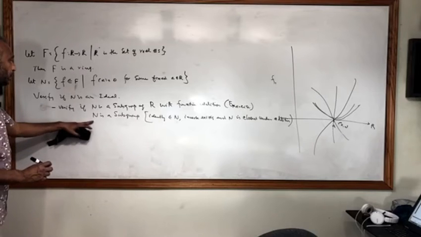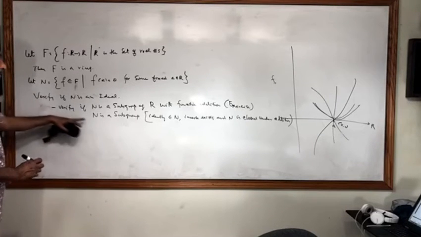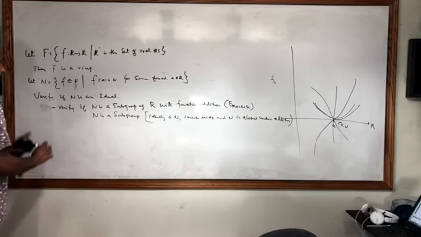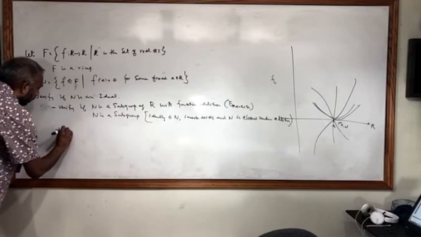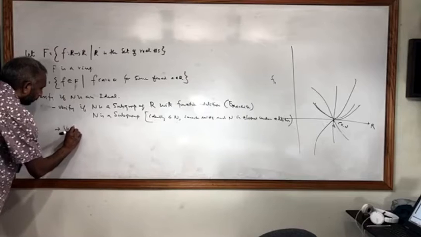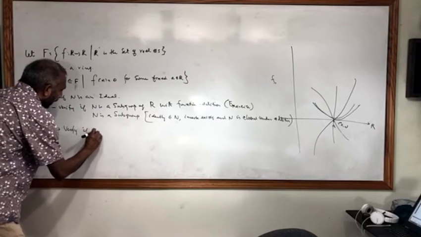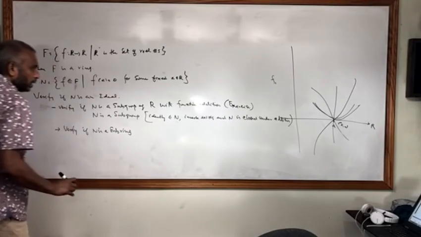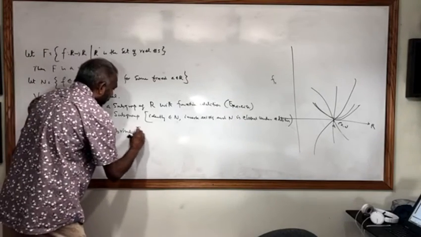Now we need to show that it is a subring. If it fails here, then you don't need to worry about it. It's not an ideal. So the next step is verify if N is a subring. And how do you verify?